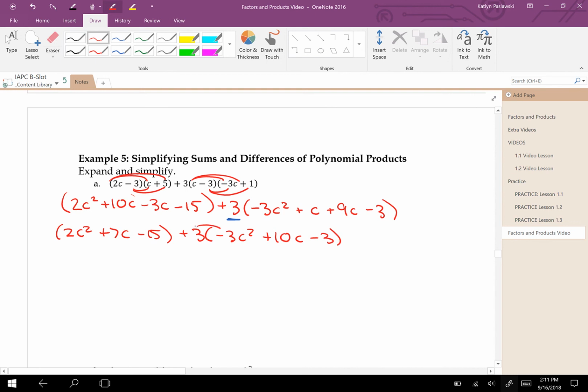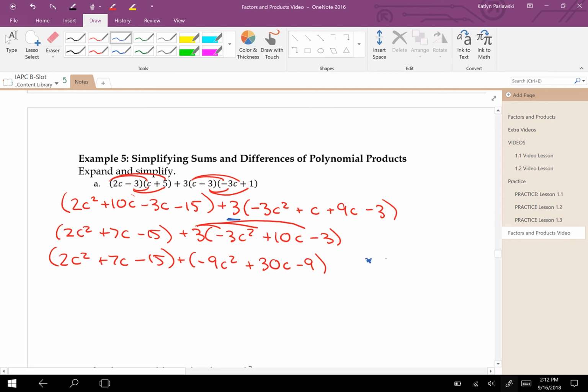Now I'm going to multiply this 3 through. The first set stays the same, 2c squared plus 7c minus 15. 3 multiplied by negative 3c would be negative 9c squared, plus 3 multiplied by 10c is 30c, and 3 multiplied by negative 3 is negative 9.